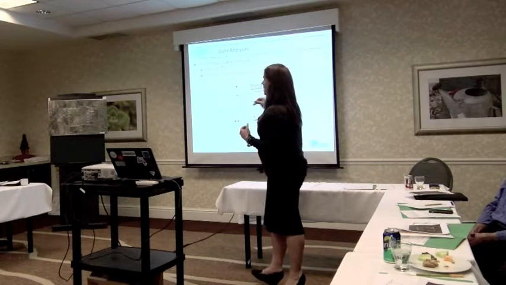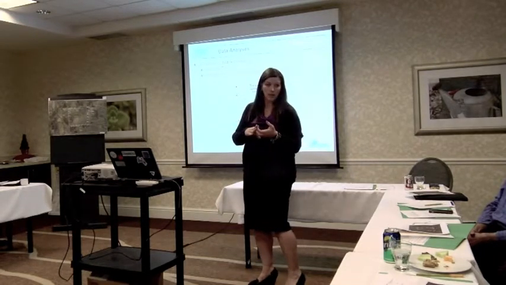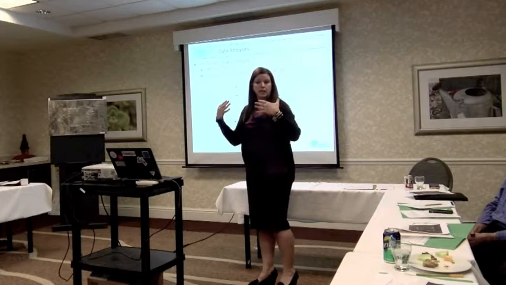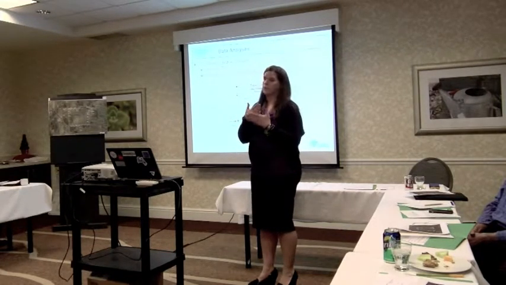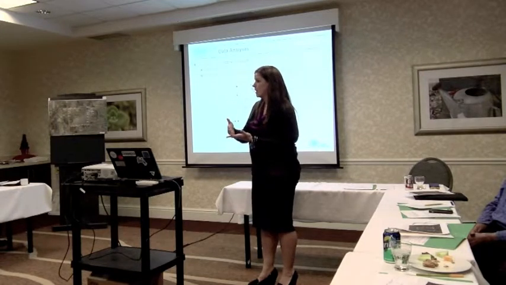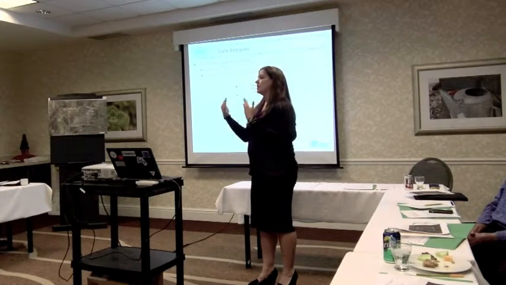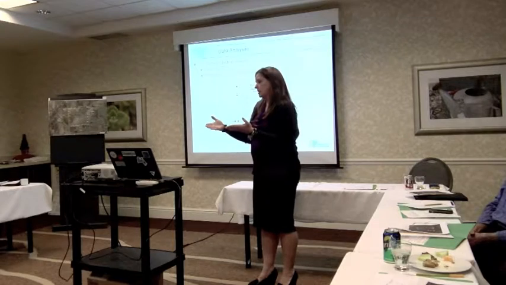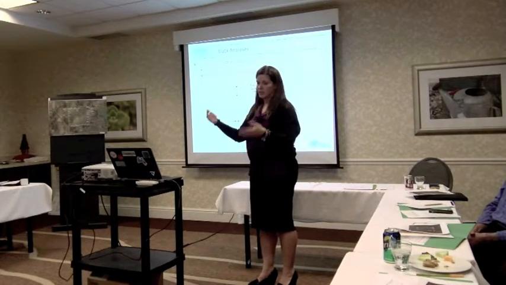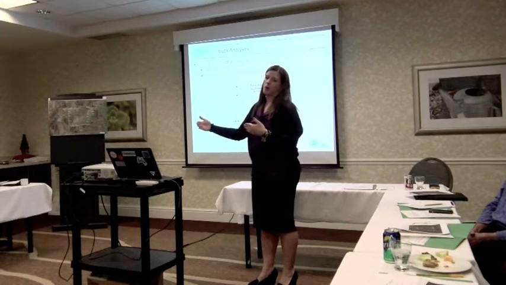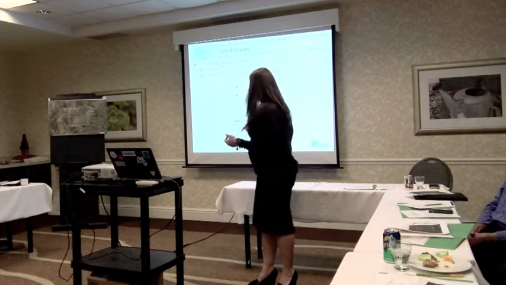So if I have trending data, it's going to exceed a statistical limit, and the state in our permit requires us to investigate that. What is the source of that statistical exceedance? Do we need to do anything further? That will put us into what the state calls an assessment monitoring program, where we have to install additional wells and test for additional parameters and identify what's going on at the site.